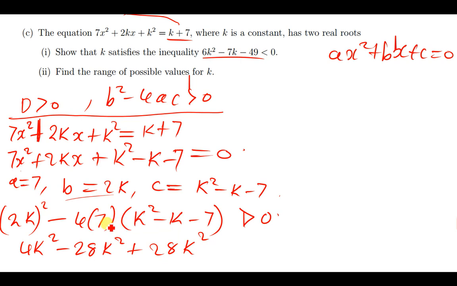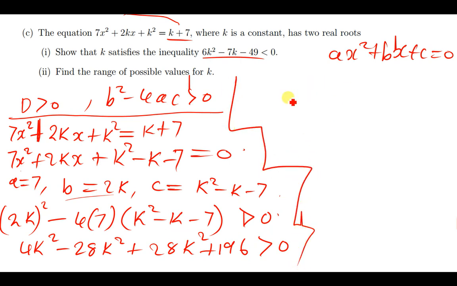And then negative 28 times negative 7 is the same as 49 times 4, so this is just positive 196. So we're saying this is greater than 0. From there, we can now simplify the expression. So 4k squared minus 28k squared gives us negative 24k squared.